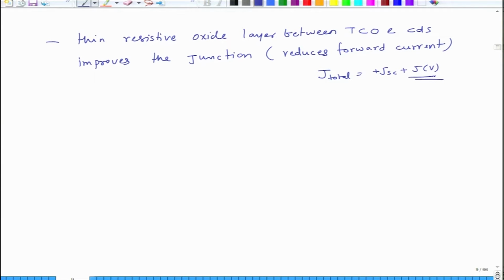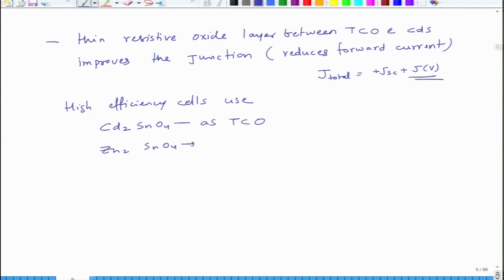So, it keeps the JV under check, keeps the JV a little lower, and generally we use, so some of the high efficiency cells, for example, some of the high efficiency cells use cadmium tin oxide as TCO instead of indium tin oxide and Zn2SnO4 as high resistance oxide layer, because they are nearly similar structures.